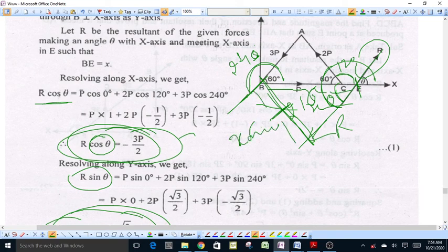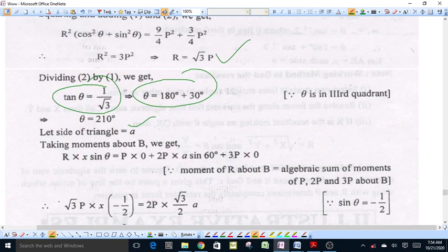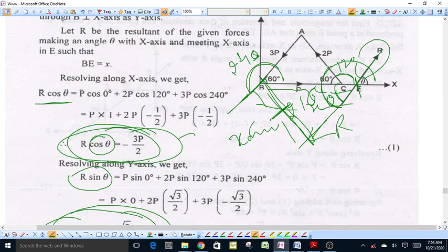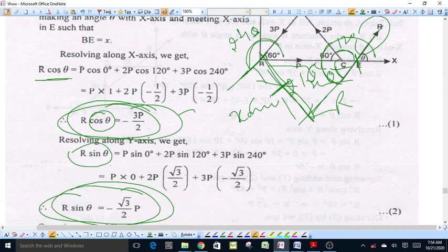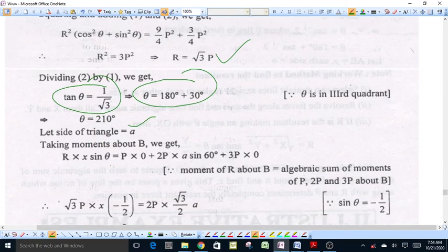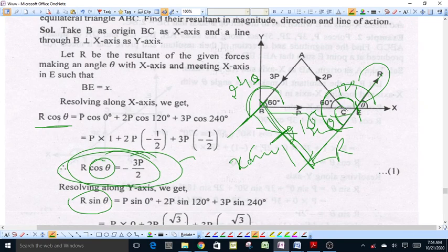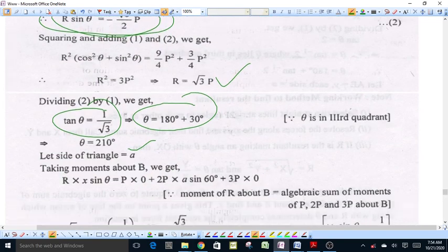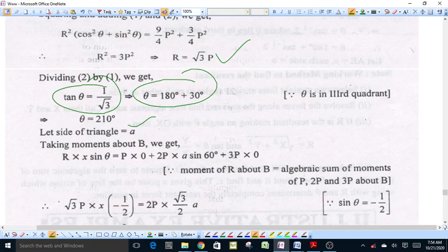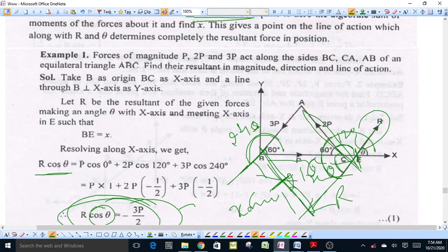Then the moment of the resultant about B will be equal to R into x sin theta, and the force P passes through point B, so the moment of this force P about B will be equal to P into 0, plus that of 2P: the moment of 2P will be equal to 2P into A sin 60.